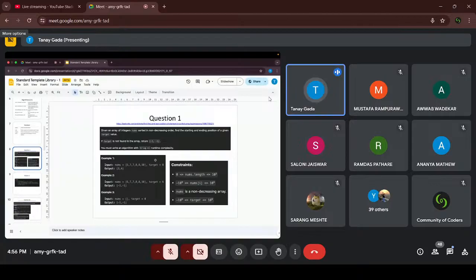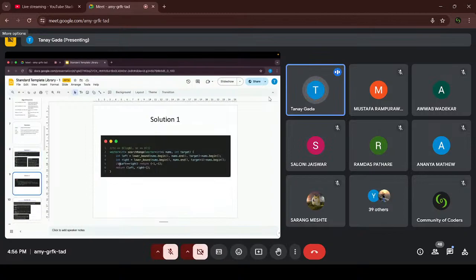Also, we can check if the lower bound and upper bound give us the same iterator. That also tells us the required element was not present. But what you said was also correct. We can do that. I did that: if left and right are both equal, the element is not present.